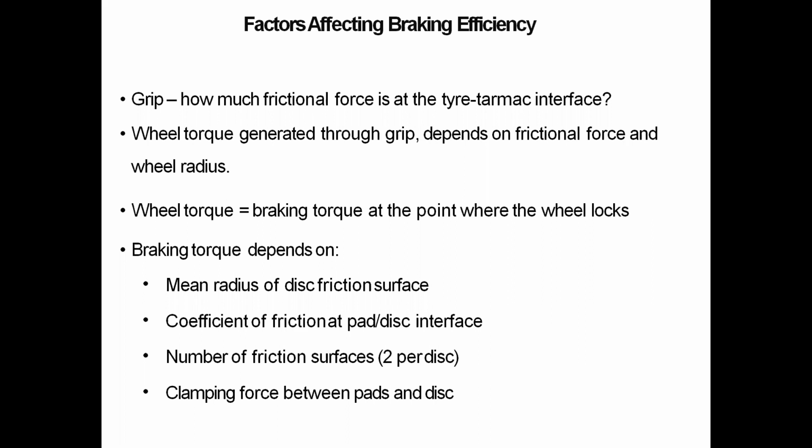Braking efficiency means we apply some energy to the brake pedal. How much braking is applied on that wheel? How much effort is placed on that wheel? How much power is transmitted through different pipelines, different connections, different linkages to the automobile vehicle wheels?